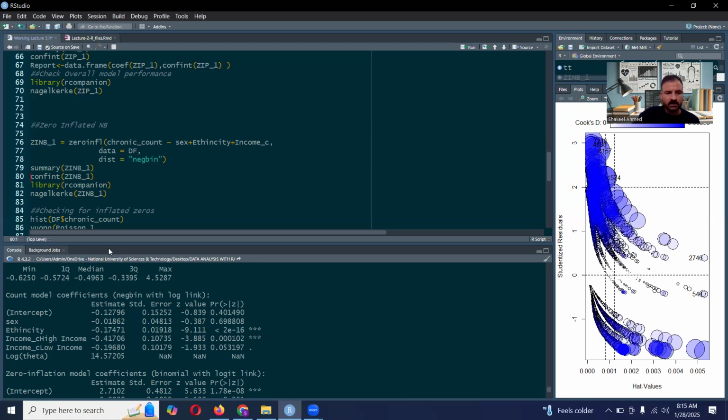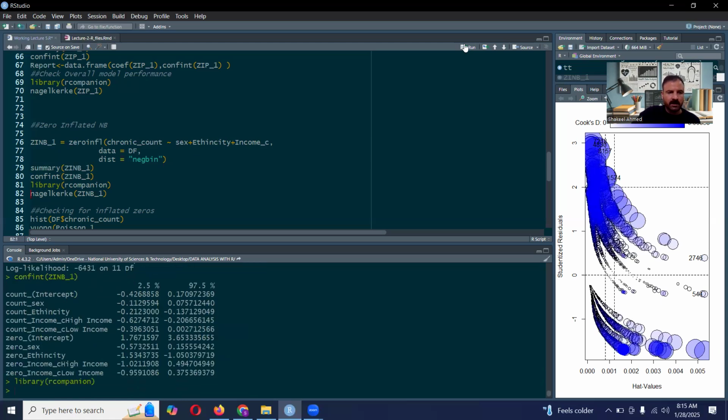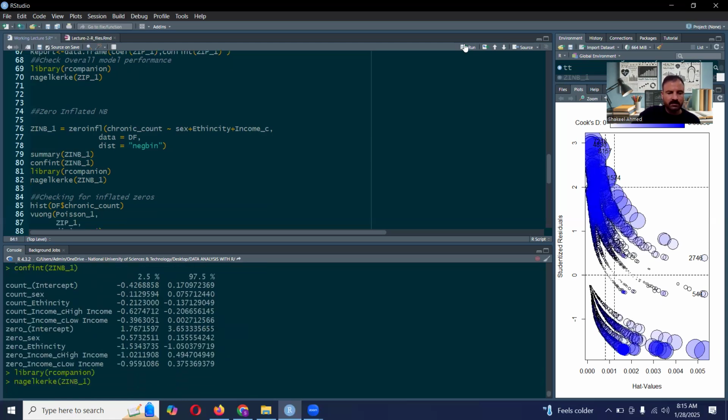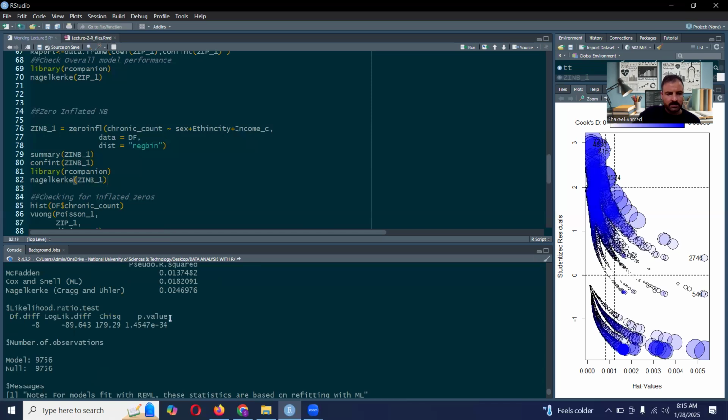go for the zero inflated Poisson model, and you can see the confidence interval, and you can again apply the overall performance measures. You can see that is again significant, and we have Zodo R squares for using different methods.